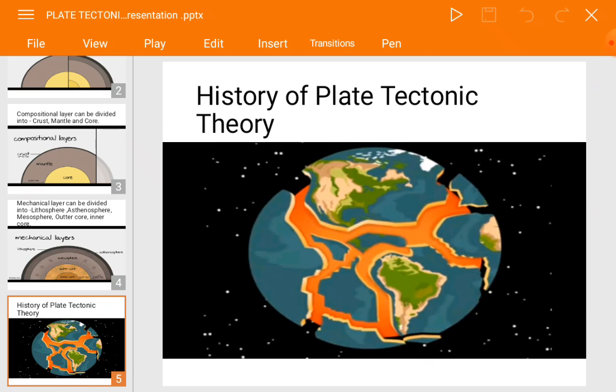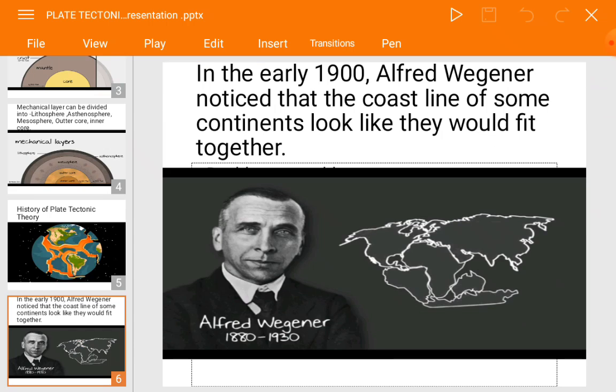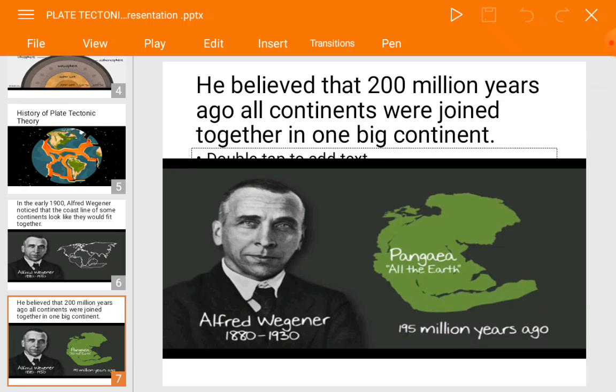History of plate tectonics. So, in the early 1900s, Alfred Wegener noticed that the coastlines of some continents look like they would fit together, like a jigsaw puzzle. He believed that 200 million years ago, continents were joined together in one big continent.